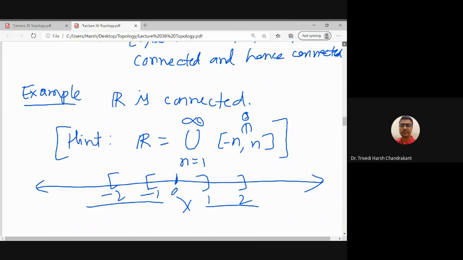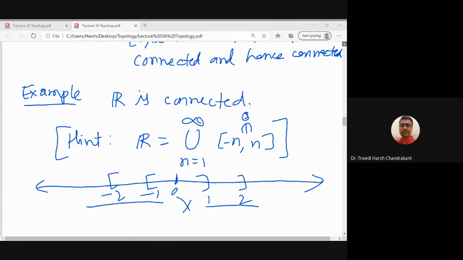So this is a union of sets which are connected and which have a common point. We have discussed one result that if I have a collection of sets A alpha with a common point, then the union of A alpha is a connected topological space. So that result will give us the proof that R is a connected topological space. So this is all the detail regarding connected topological spaces.